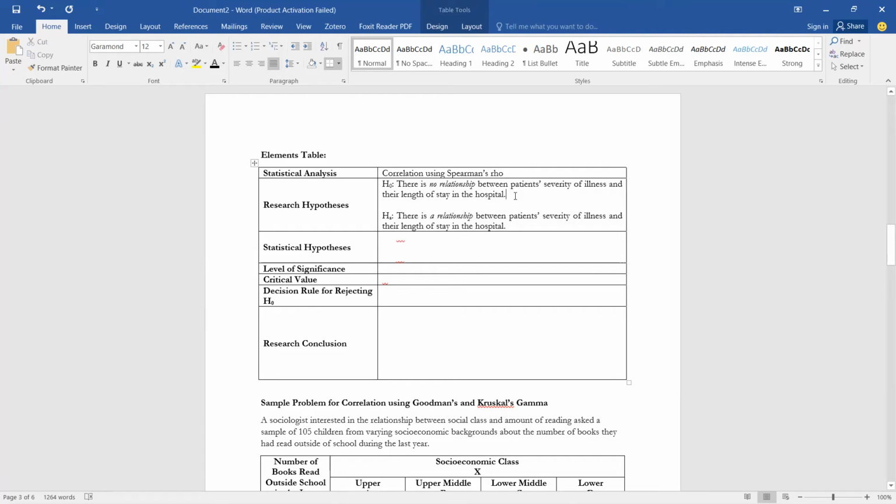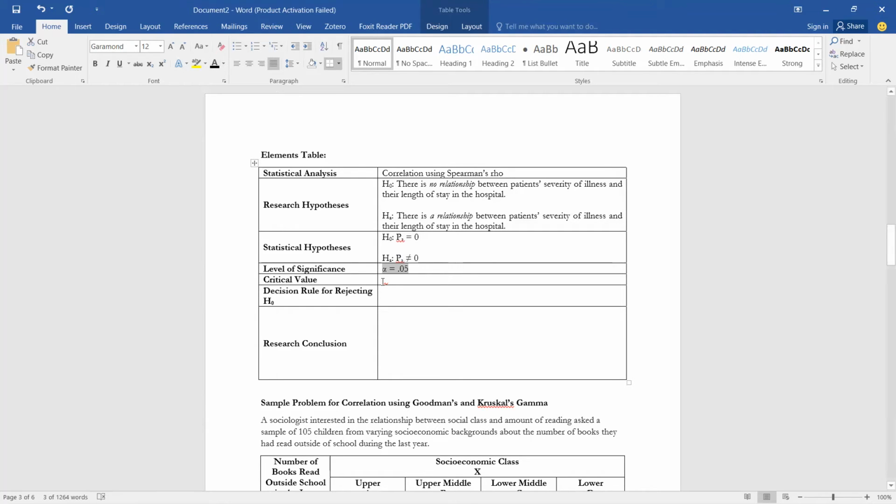Alternative, on the other hand, states that there is a relationship. So the statistical hypothesis will have to look something like this. So I just put rho S and rho S is equal to 0, not equal to 0. Level of significance, we're comfortable with 0.05.